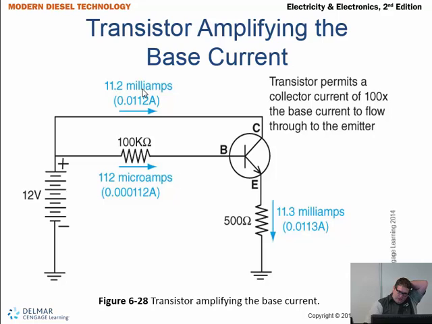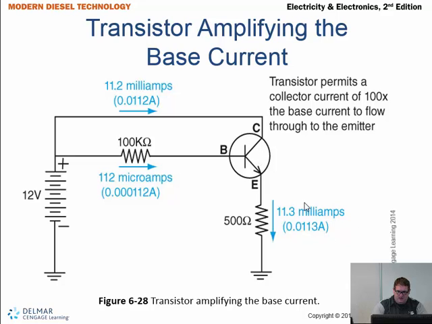On the top side, we have 11.2 milliamps, which would read like this: 0.0112 amps. Then down here, because of the 100K resistor, we move our number over a few more decimal places, and now we have 0.000112 amps. That's what's being put in at the base.